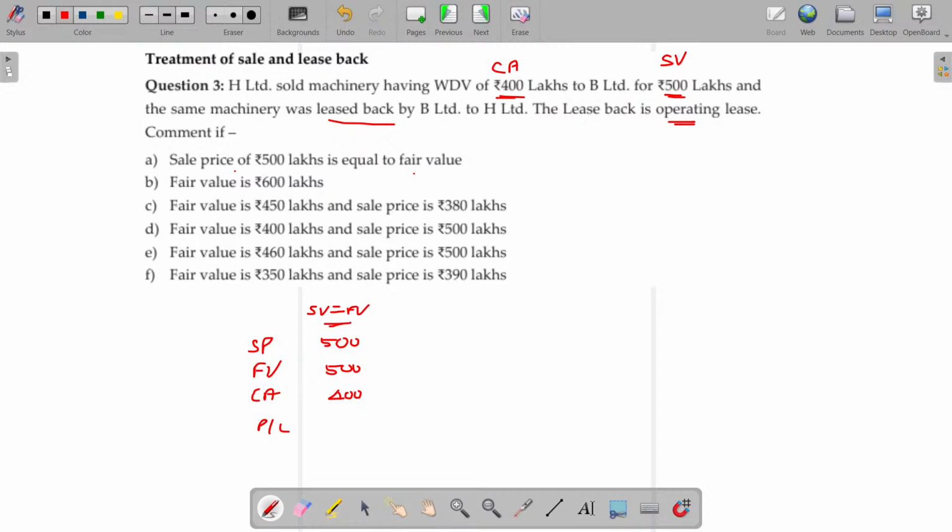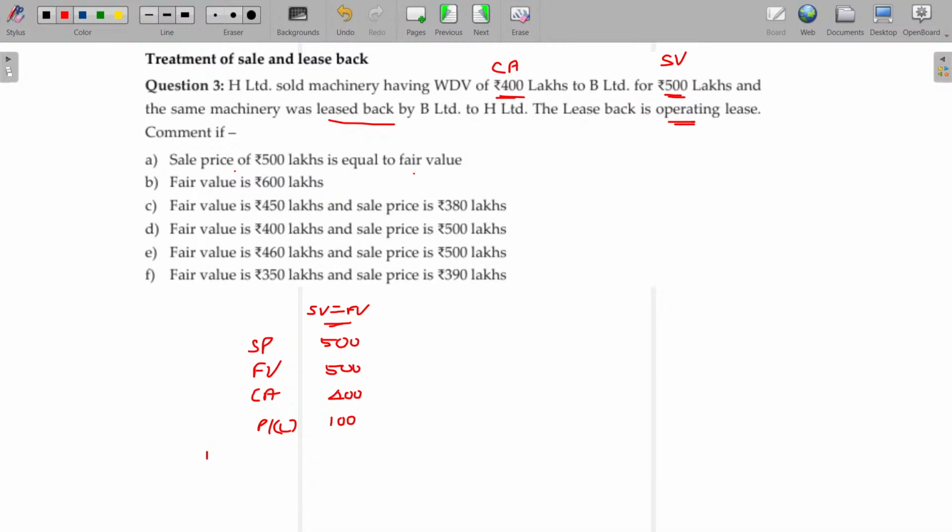What profit or loss do you get? 500 minus 400, 100 rupees is the profit. In the case of genuine, transfer to the P&L account fully. The entire profit can be transferred to the P&L account. Scenario A.